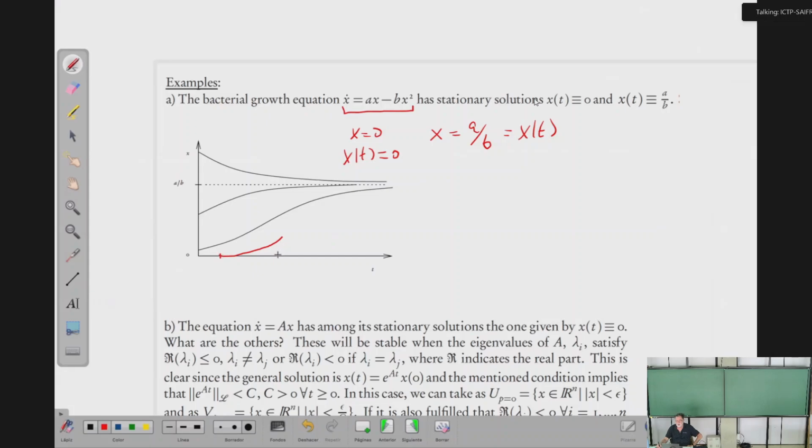Because I cannot get a neighborhood here, any neighborhood, small enough, I have to take a smaller one than this, but this is my u of p. Say this is the neighborhood, and it's clear that wherever I take any neighborhood here, when I do the evolution, I will go out. So this point is unstable.